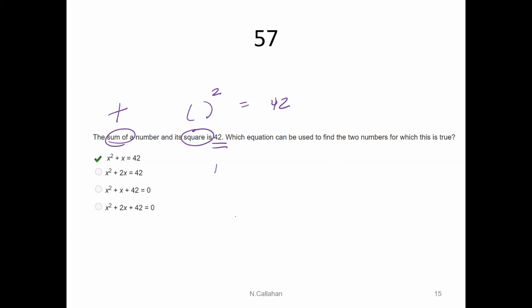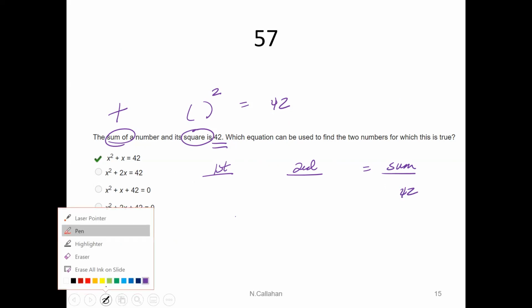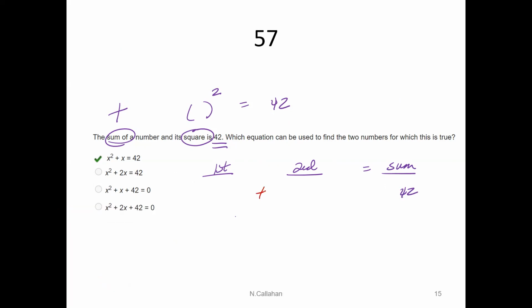Okay, so this is going to be your first number. This is going to be your second number. And this is going to be your sum. Your sum is 42. Your first number is just going to be x. Your second number has to be the square of that.